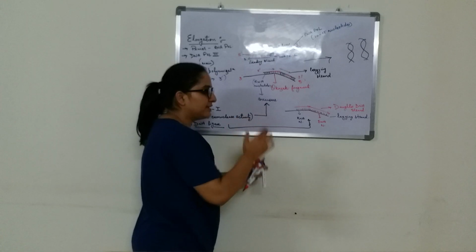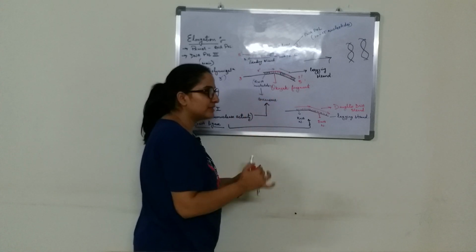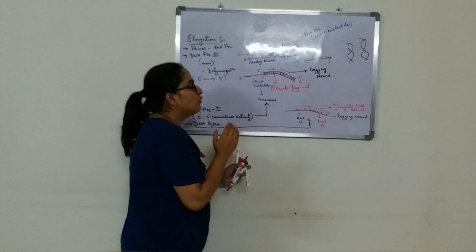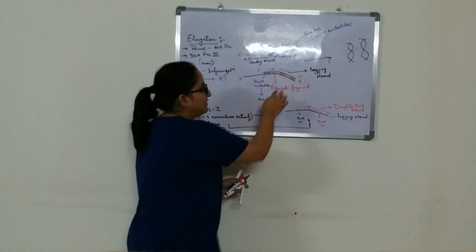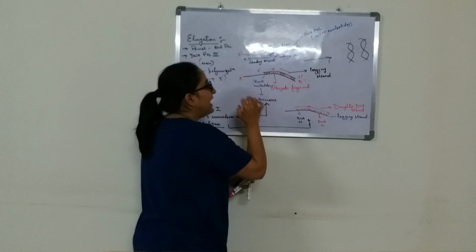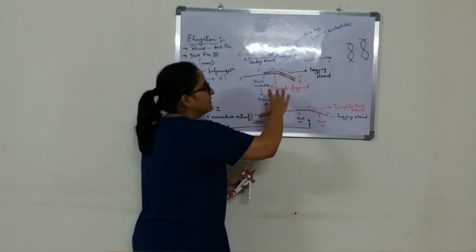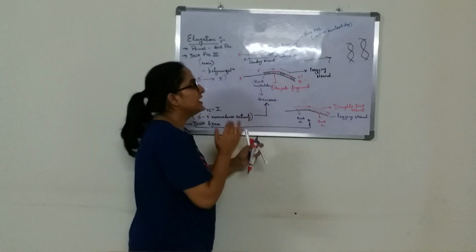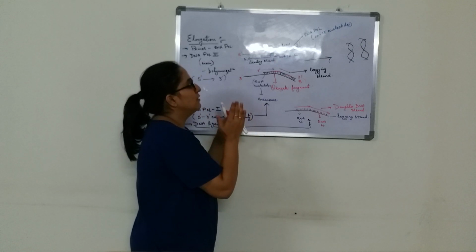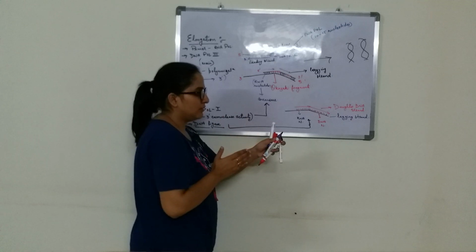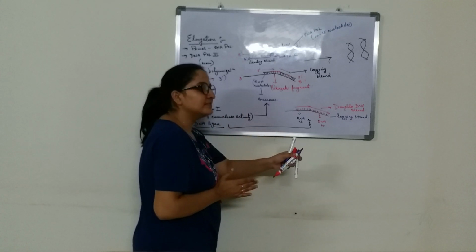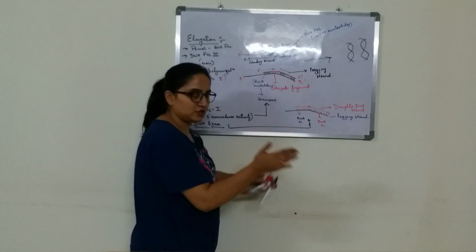For the lagging strand, since the orientation is different and there is only one enzyme, DNA polymerase 3, to act in both the strands simultaneously, it forms a loop-like structure and the orientation is changed. Then polymerase 3 adds the nucleotides in both the strands but in different directions.